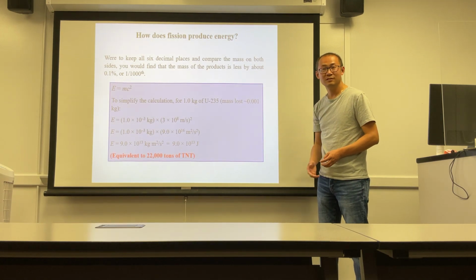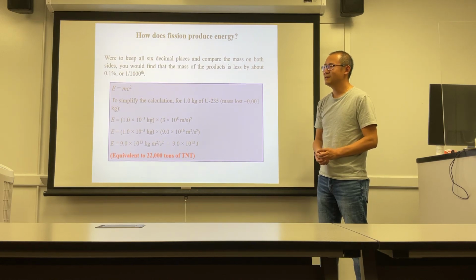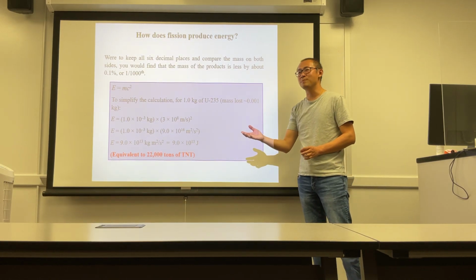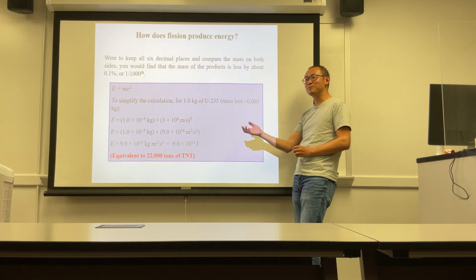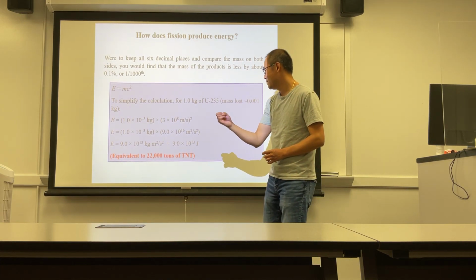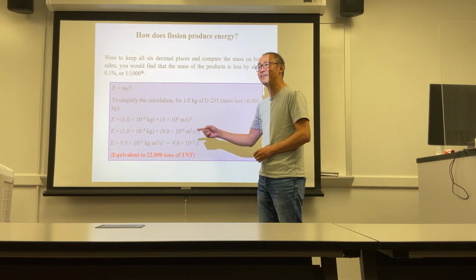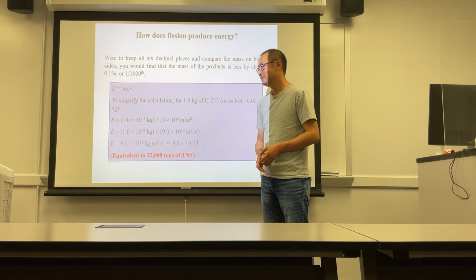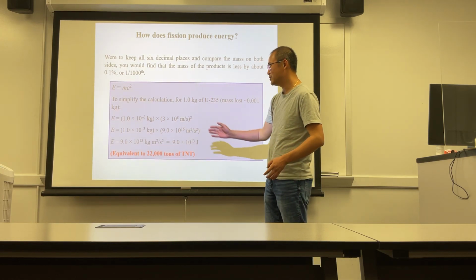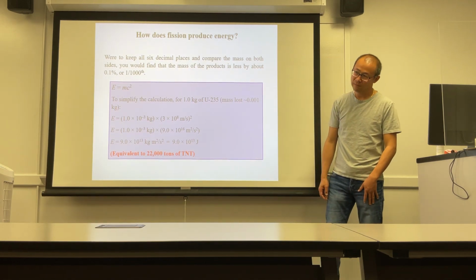This is how much energy. 9 times 10 to the 13th. We know 10 to the 6th is a million. 10 to the 9th is what? Billion. 10 to the 12th is trillion. So we have 90 trillion joules of energy. This is how much? Okay, equivalent to 22,000 tons of TNT.